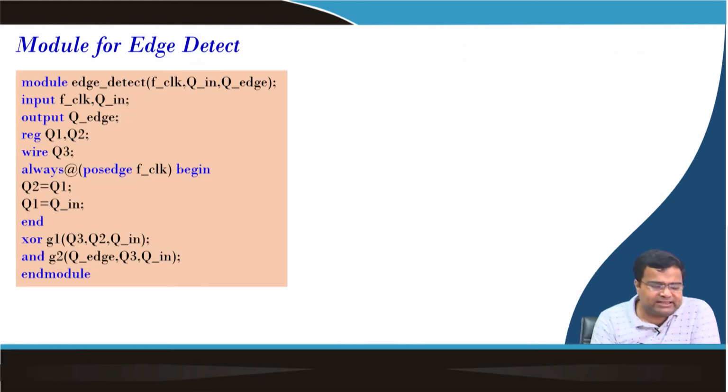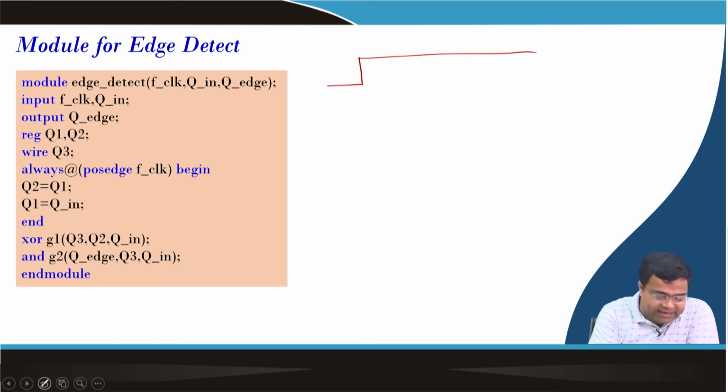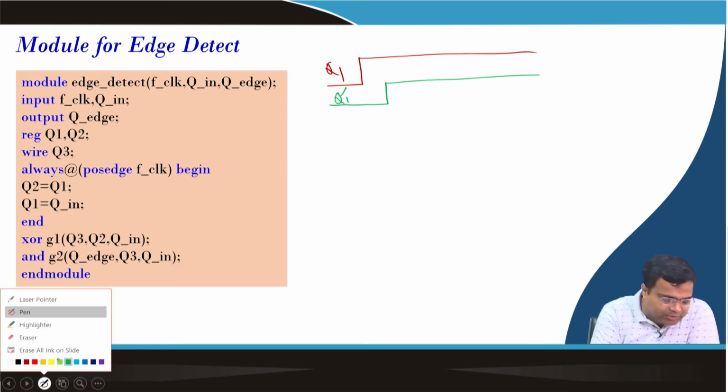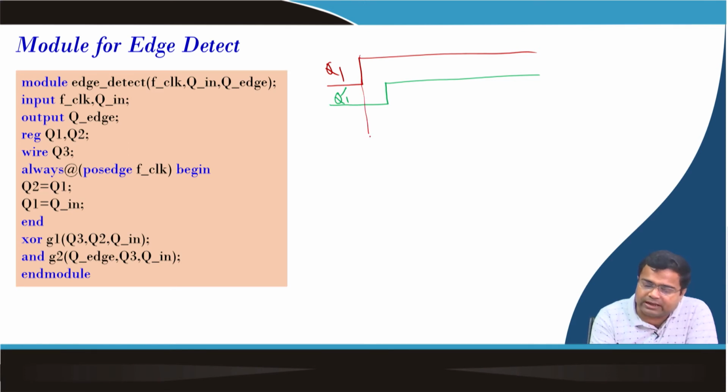Now, if you go to edge detection, what does it do? Suppose you take any signal and we want to detect its edge. Let us say this is my Q1 signal. I will delay this signal, and this is my Q1 dash. Then I want to take the positive edge. Let us say this signal goes high here, and this delayed signal goes high here.